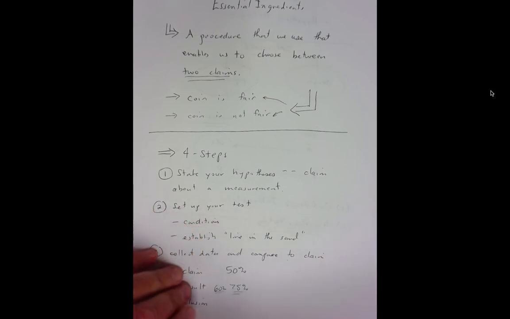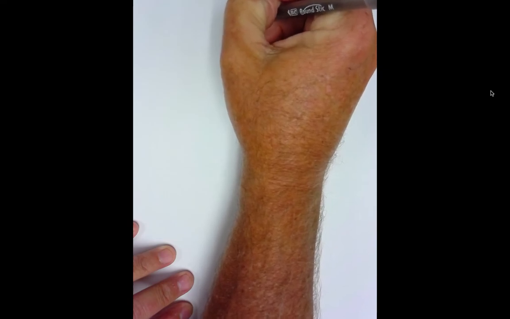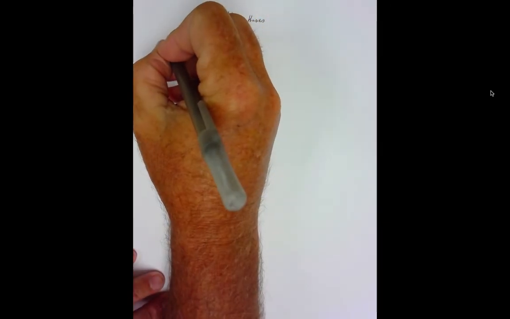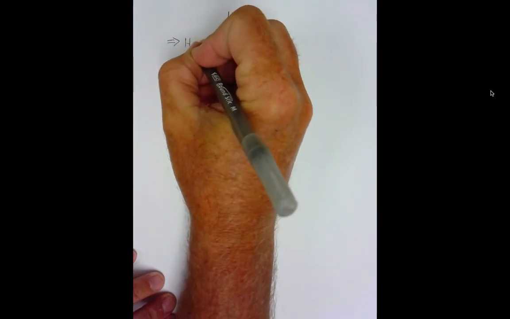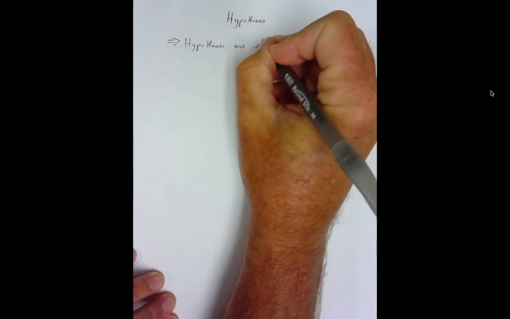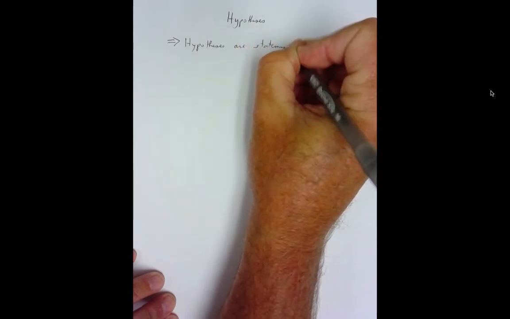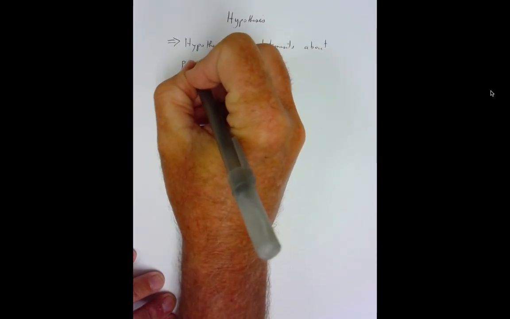Now, let's talk more about hypothesis testing and the hypotheses. I put hypotheses plural because there are 2. Okay? First of all, hypotheses are statements about population parameters.